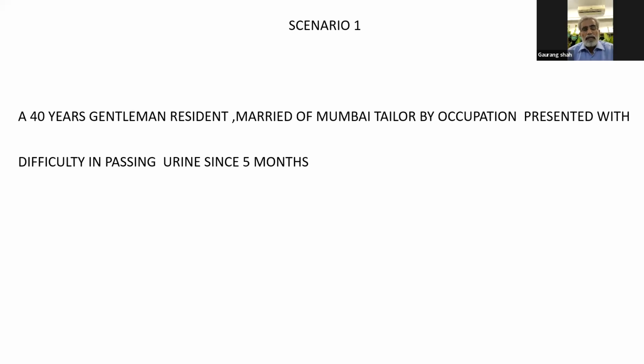Okay. So Shashwat, can you just complete? What are the questions to be asked? Sir, I'd like to ask about the onset of the symptom, whether it was sudden or insidious, and the progression of the symptoms, and the other lower urinary tract symptoms like the AUA symptom index and the quality of life scoring. That is the frequency, urgency, any nocturia, straining, incomplete evacuation, any hesitancy, dysuria, any discharge per urethra, and also to inquire about any hematuria, lithuria, flank pain, scrotal pain, any history of trauma, instrumentation, or catheterization.